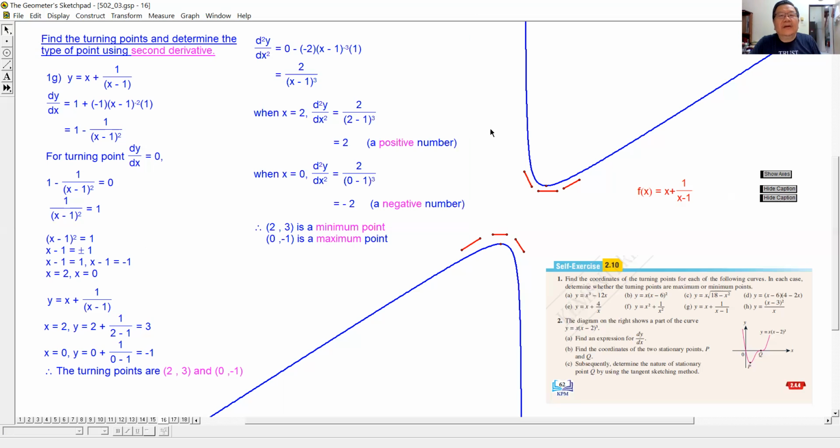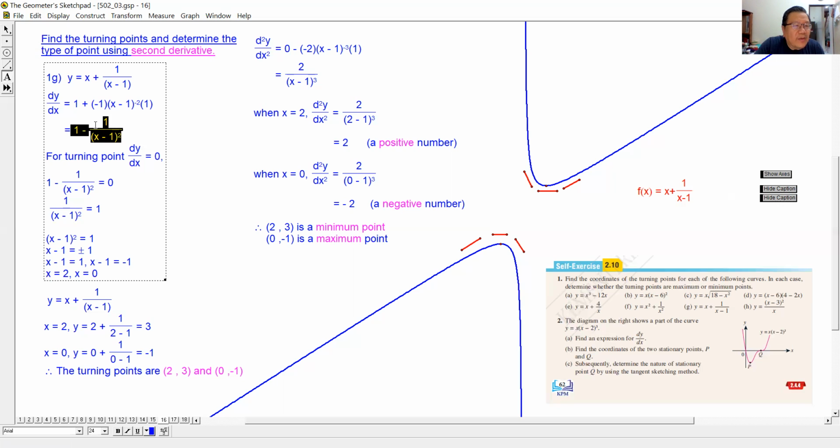Okay, right. So the next step is to find d2y dx square. Did I show how to find d2y dx square? Oh yeah, now I'm showing you. So your dy dx is here, right? When you differentiate, 1 becomes 0.